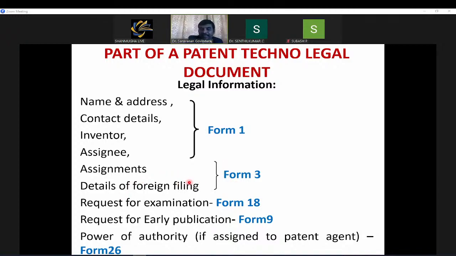If you already filed in any foreign countries, those details will be given in form 3. When you want to request the Patent Controller General to examine your invention, you should use form number 18. If you want to go for early publication, you should use form number 9. And if you want to give a power of authority, then you need to use form number 26.